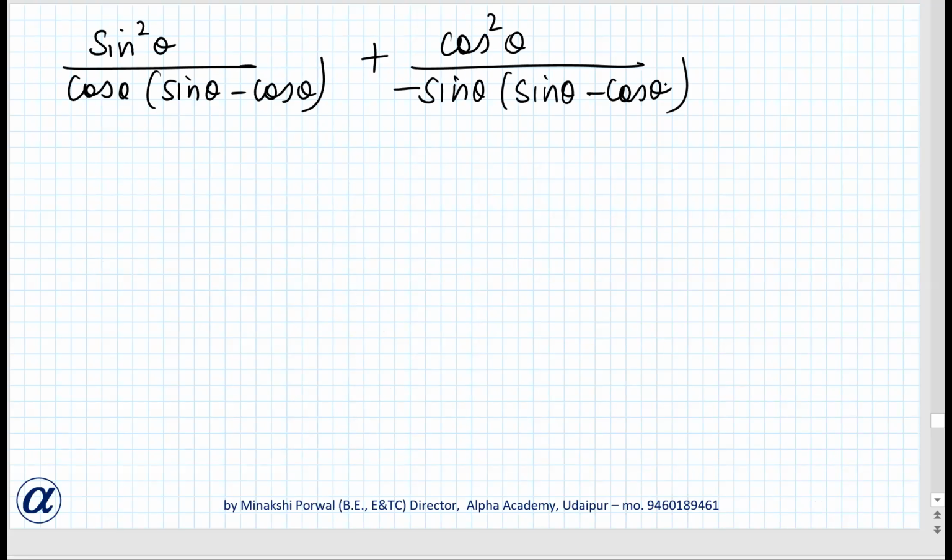If there is a minus sign in the denominator, I can take it to the numerator also. So I have done it this way. That's all we did. And after that we took the LCM and solved it. Is it clear?